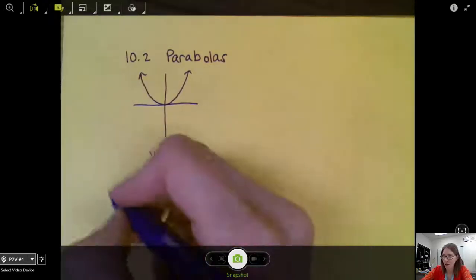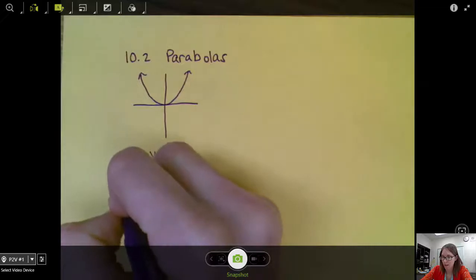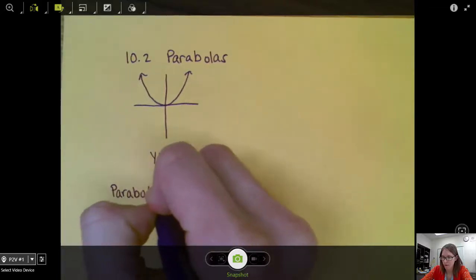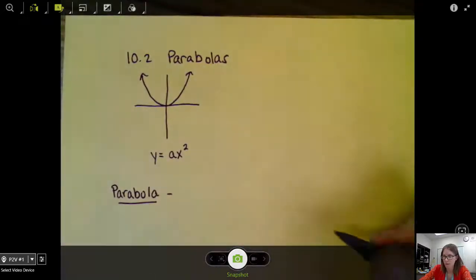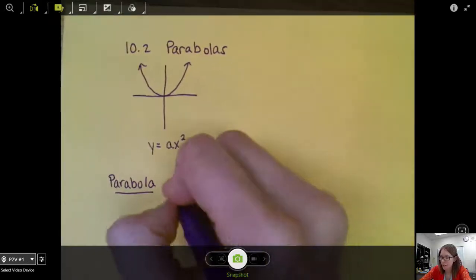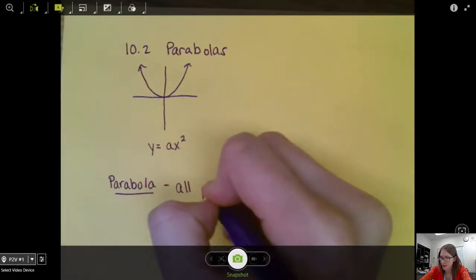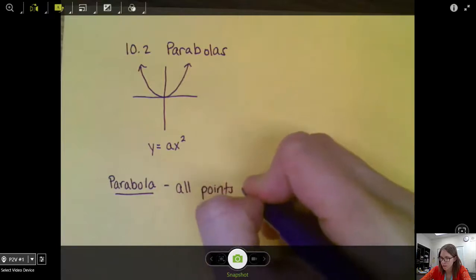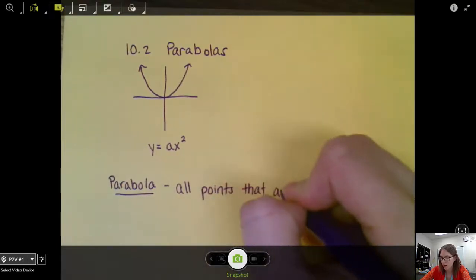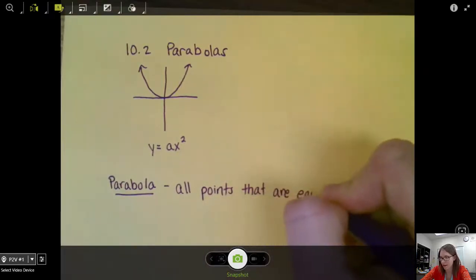So here's my definition of a parabola. A parabola is all points that are equidistant.